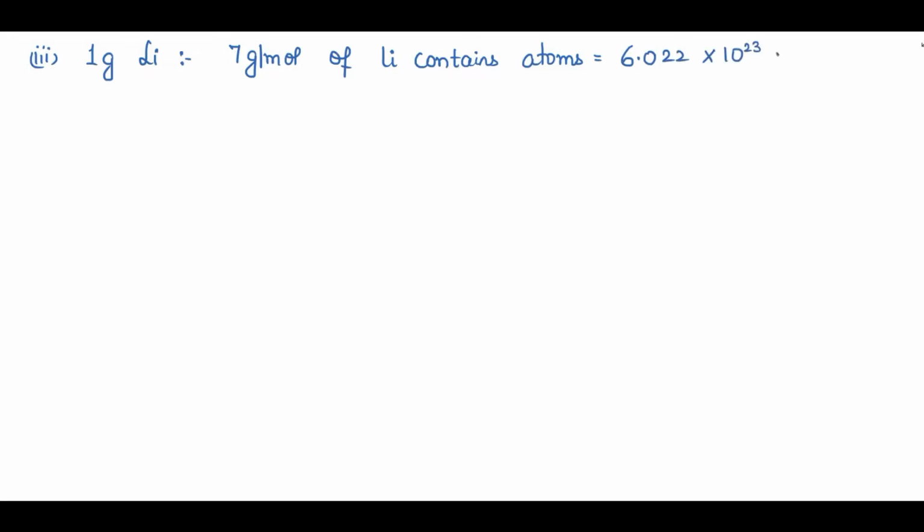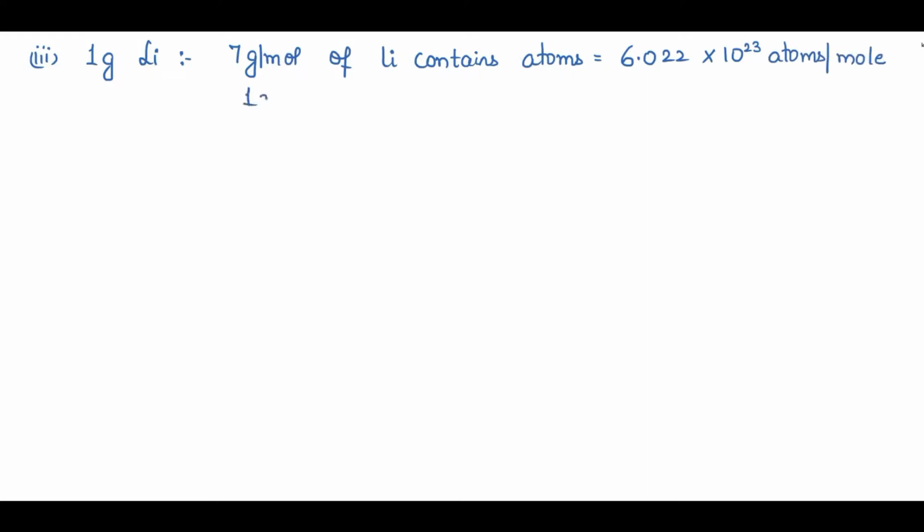Third one is 1 gram lithium, right? So again, 7 gram per mole of lithium contain atoms equal to Avogadro number of atoms, 6.022 into 10 raised to power 23 atoms in 1 mole, right?